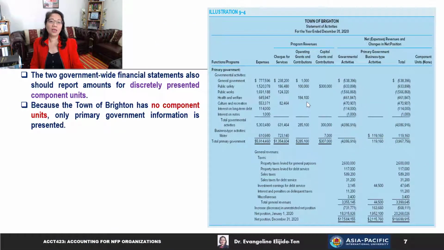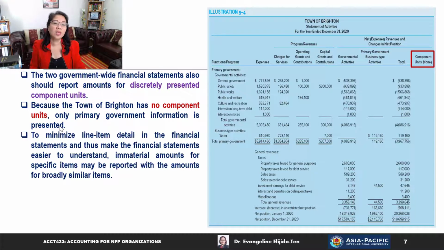Now, the two government-wide financial statements, that is the statement of activities and statement of net position, also should report amounts for discretely presented component units. In the case of the Town of Brighton, they don't have component units, and so you can see that the column for component units says none.